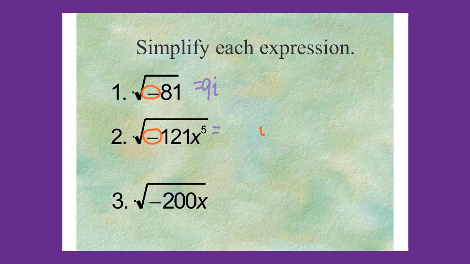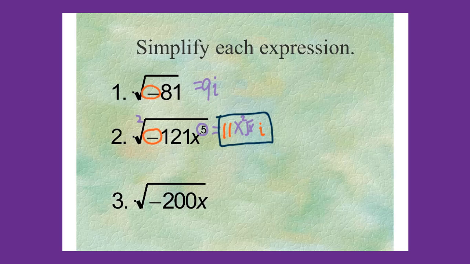Then the square root of 121 is 11. For x to the 5th power, 5 divided by 2 means x squared gets out, and you have the square root of x left. Here is the final answer.